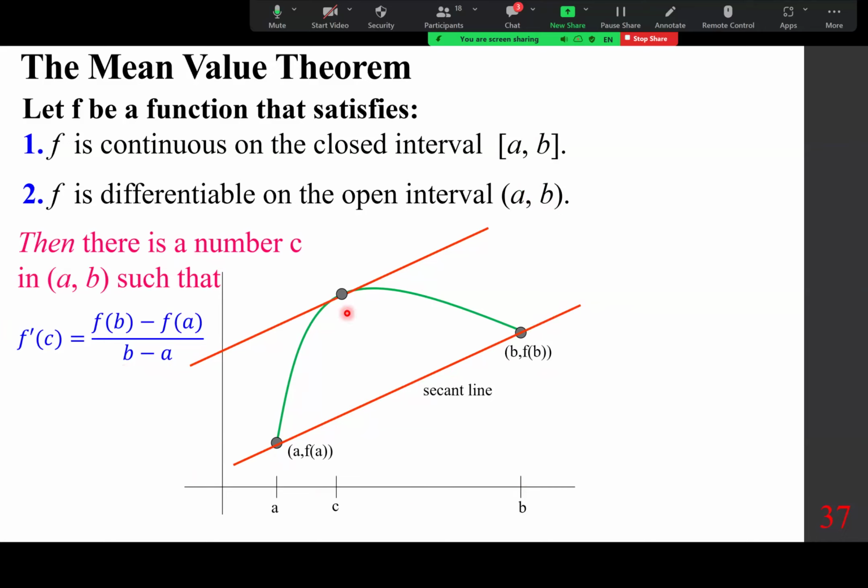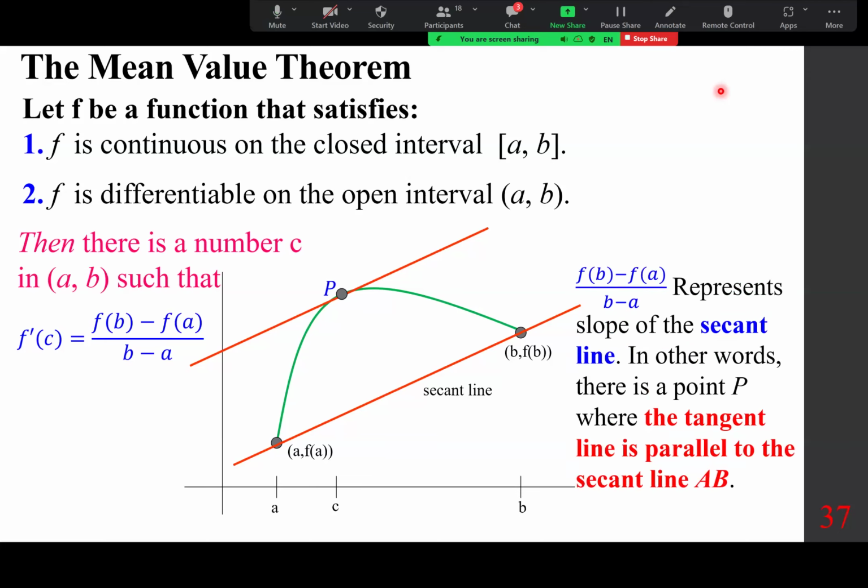So in between, for example, part C, you can find that. And so that point is P. So f of b minus f of a over b minus a represents the slope of a secant line. In other words, there is a point P where the tangent line is parallel to the secant line AB.